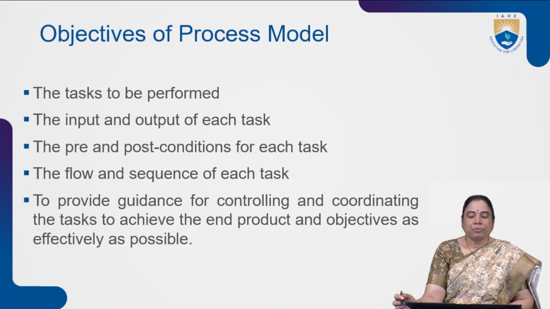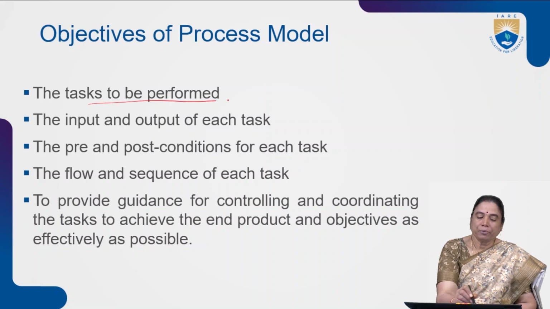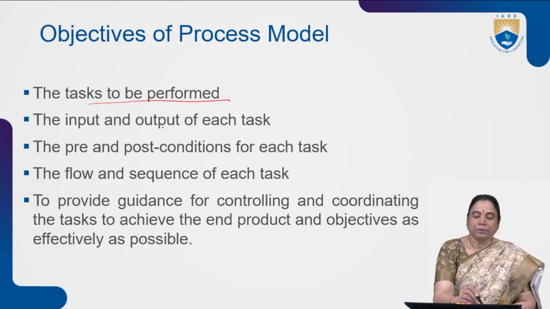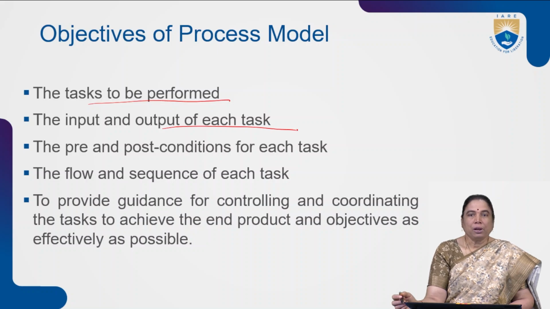The objectives of the process model describe what tasks are to be performed and what the input and output for each task are. For example, take requirement identification as a task. The input and output needed to carry out that activity must be specified with the process model.